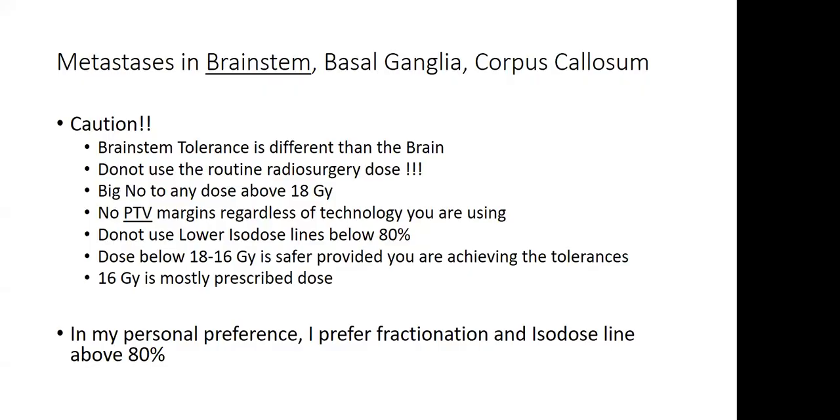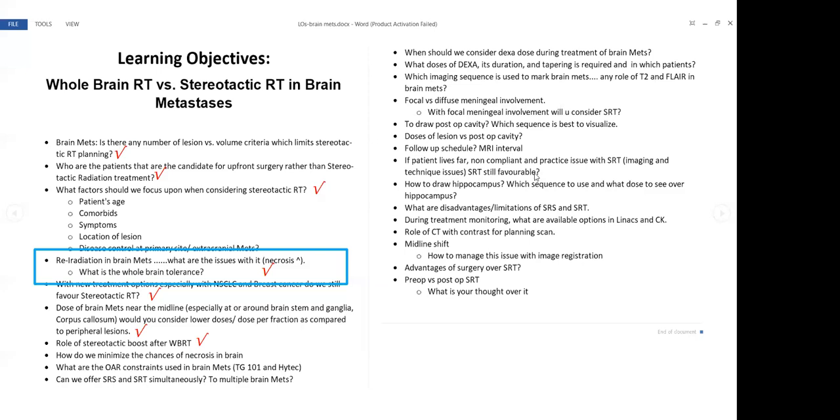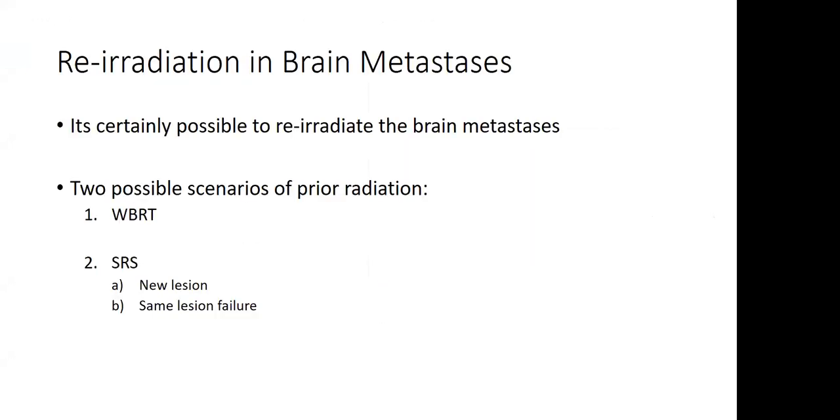Last time we completed up to this part, so here it's a new presentation from here. The re-radiation in the brain met. So what are the issues with it? Necrosis, and what is the whole brain tolerance? Okay, so we will talk about this.